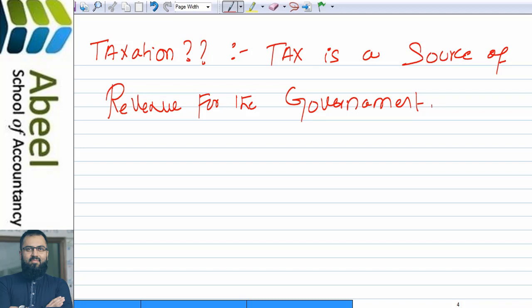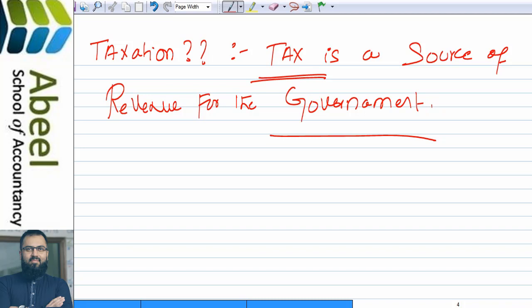Next question. Why do governments charge tax? First question was, what is taxation? And I answered that tax is a source of revenue for the government. Now the second question arises, why do governments charge tax?